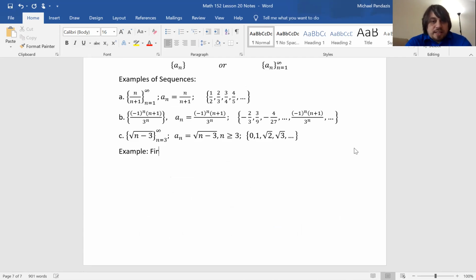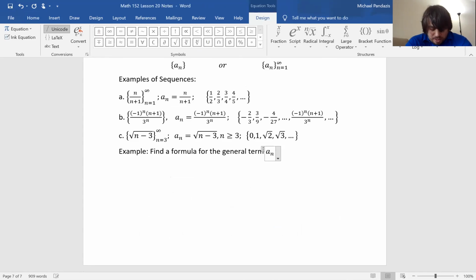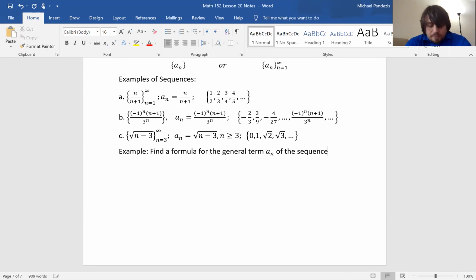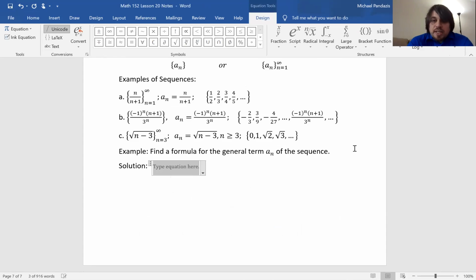So an example: find a formula for the general term a sub n of the sequence. Okay, so solution. So the solution is to tell you what the sequence is.